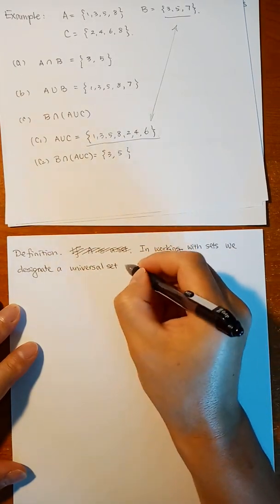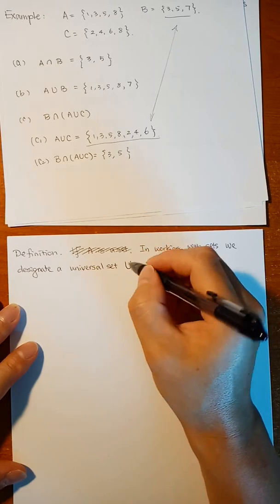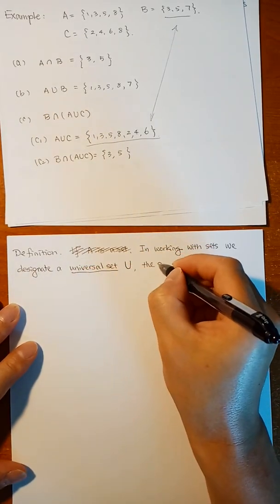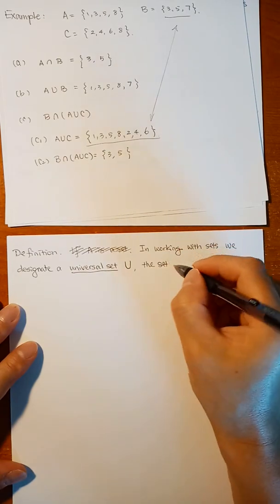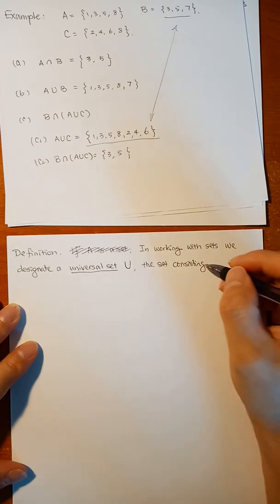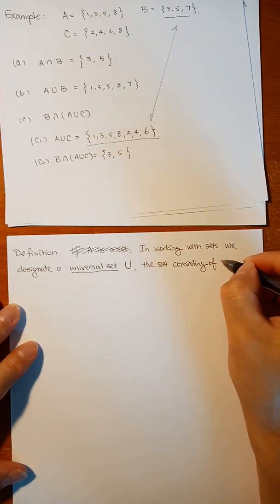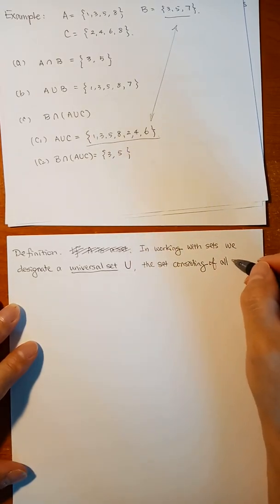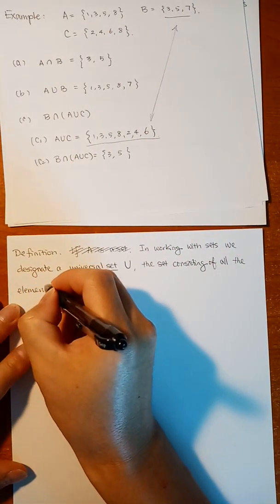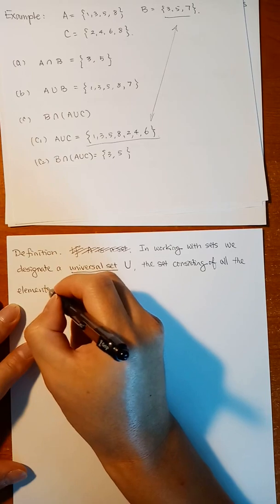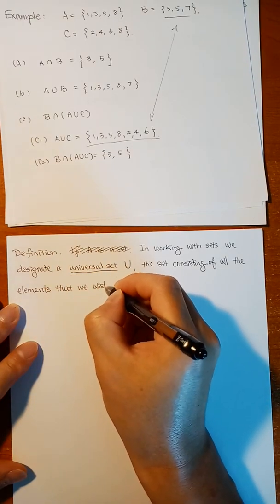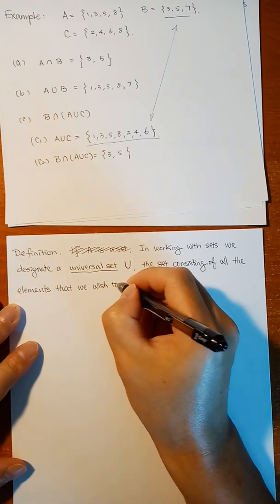We call it U, universal set. What is a universal set? The set consisting of all the elements that we wish to consider.